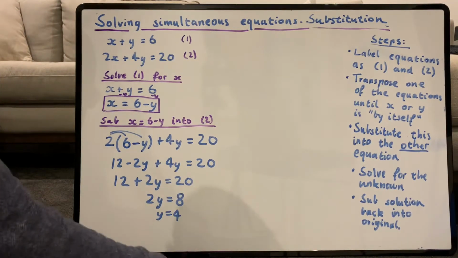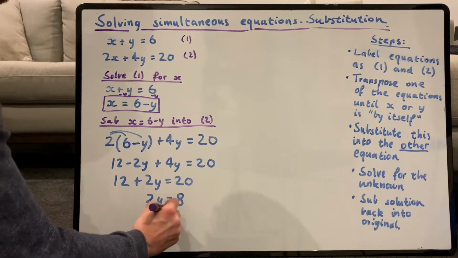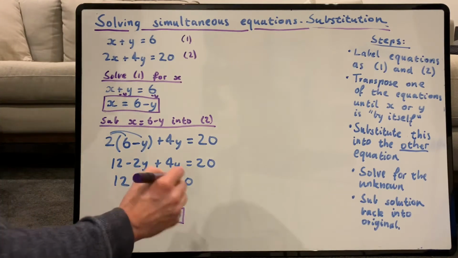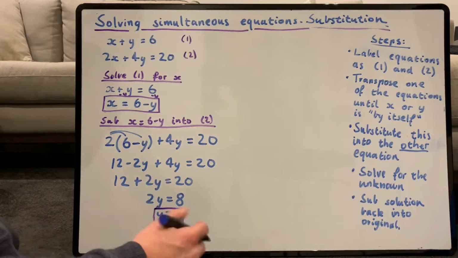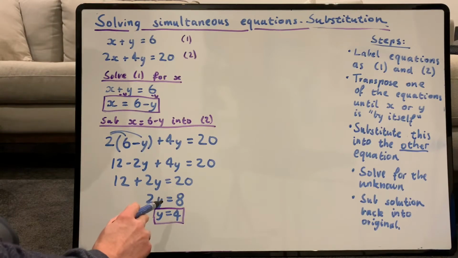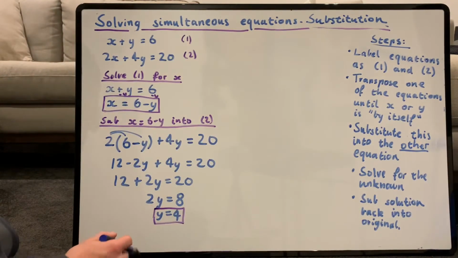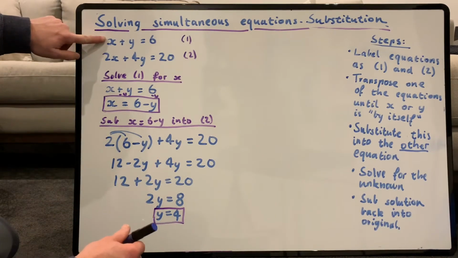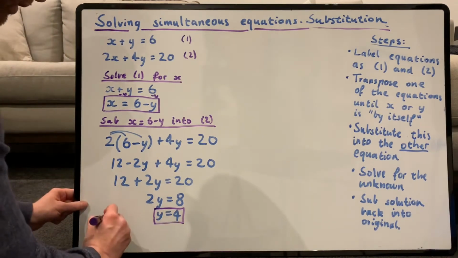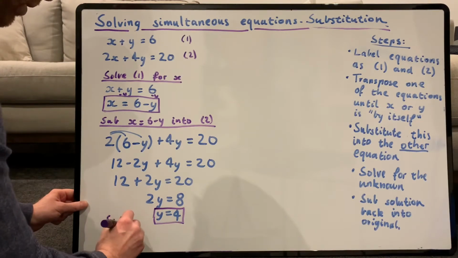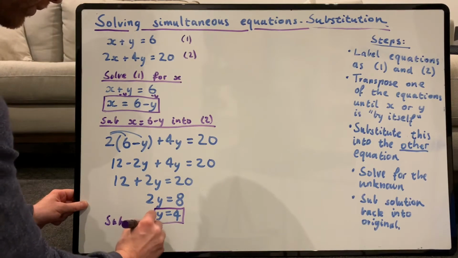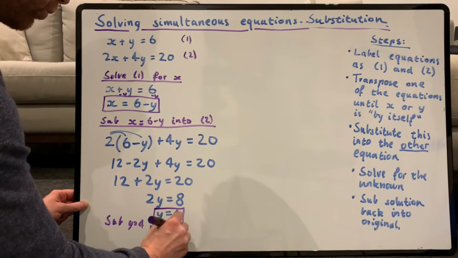Y equals 4. If you've watched the previous video, you'll know that we're on the right track. Now, sub solution back into original. In this case, it doesn't matter which one you sub it into. So we're going to sub it into 1, because that looks nice and easy. Sub y equals 4 into 1.